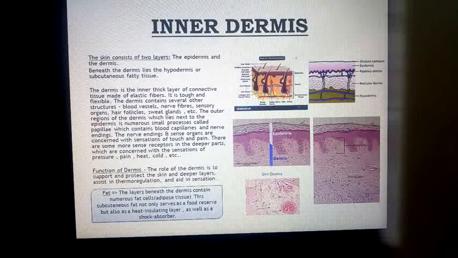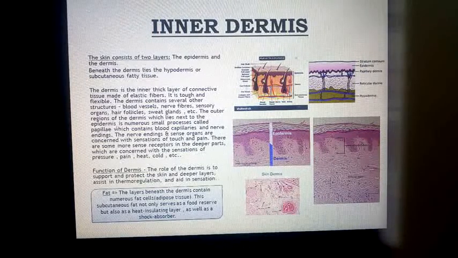Now we are going for the functions of the dermis. The role of the epidermis, you have understood, it acts as an umbrella. Correct? Now we are going to learn about the role of the dermis. It is to support and protect the skin and deeper layers, assist in thermoregulation, and aid in sensation. The fat layer beneath the dermis contains numerous fat cells called adipose tissue.